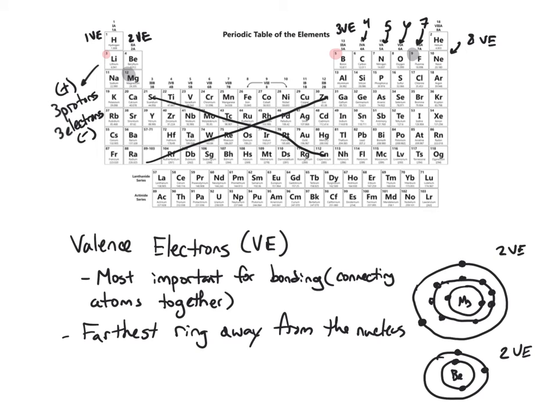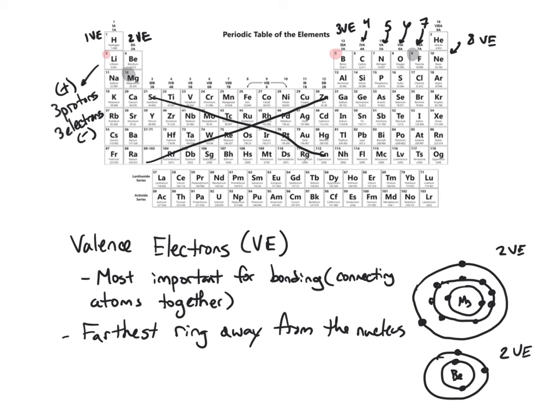Now notice that I drew the arrow pointing to neon here and not helium, because helium doesn't have 8 valence electrons. In fact, it doesn't even have 8 total electrons. You see, its atomic number is 2, so it only has 2 electrons. But remember, the first level is filled at 2. And so helium's full valence electron shell fills up at 2, but everything else below it fills up with 8.